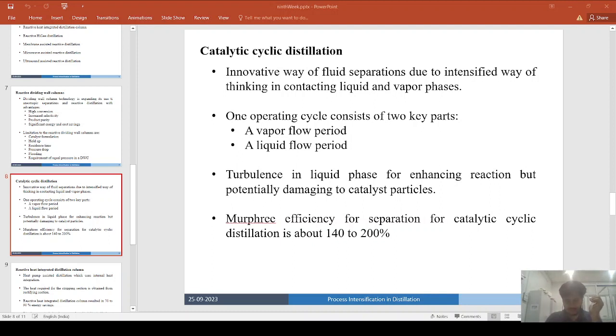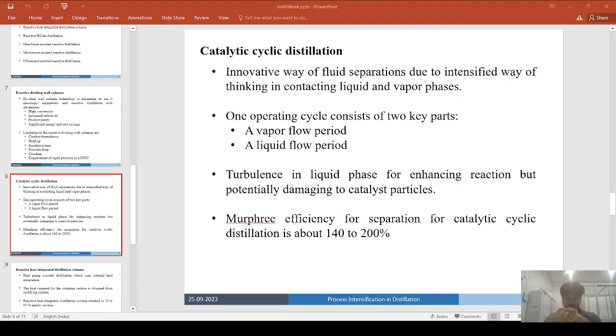Now, challenges and limitations of catalytic cyclic distillation. The key challenges include moving parts, especially in the presence of catalyst particles.